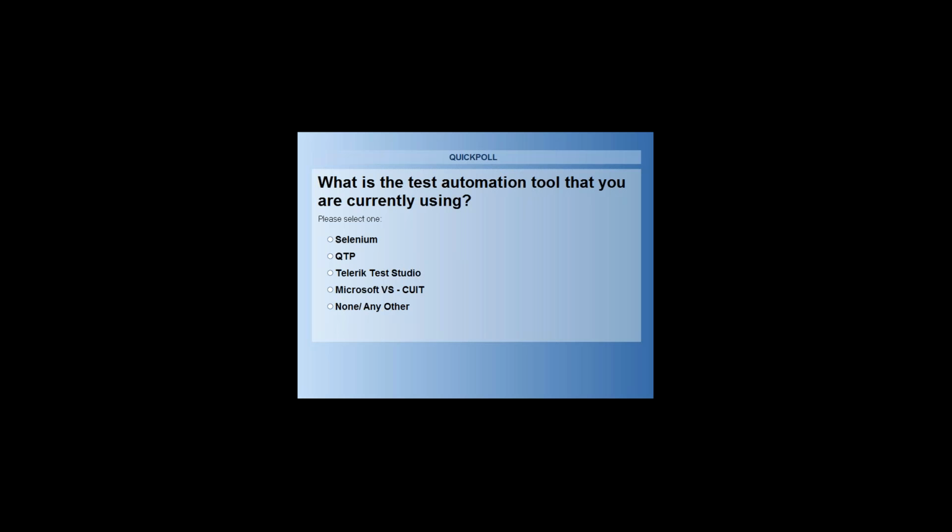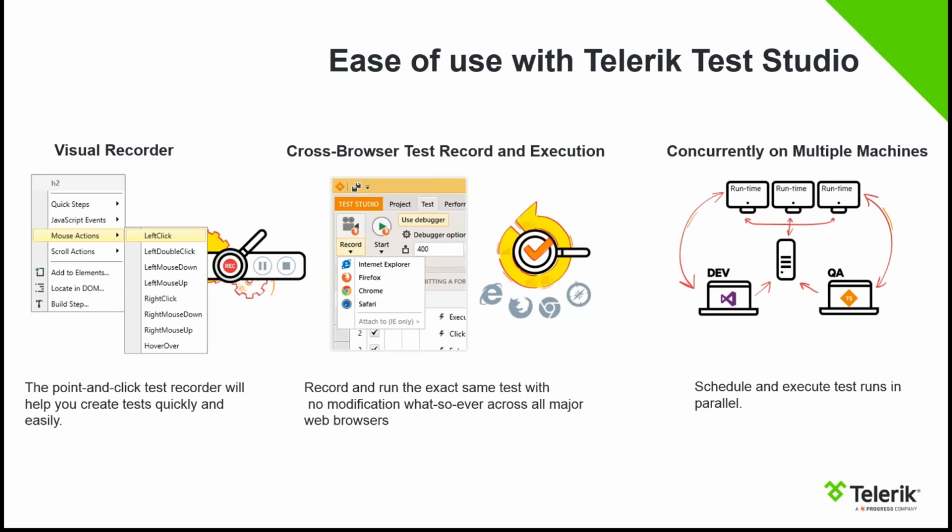There we go. All right, so this is good. The results of the poll are that 20% of you have been using Selenium, almost 10% are on QTP, 20% of you are on Test Studio, so that's a great number for today.